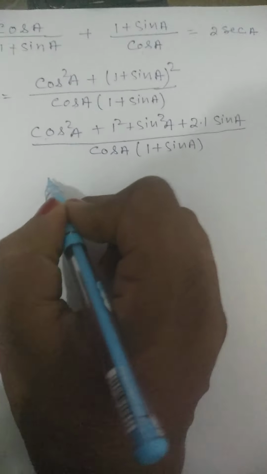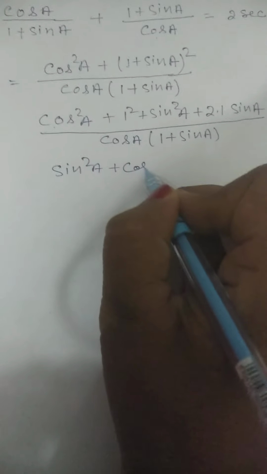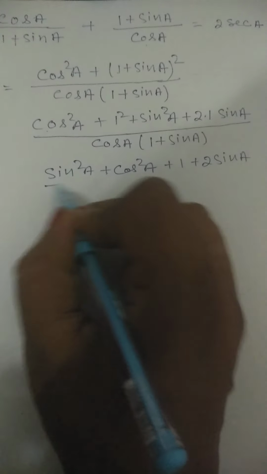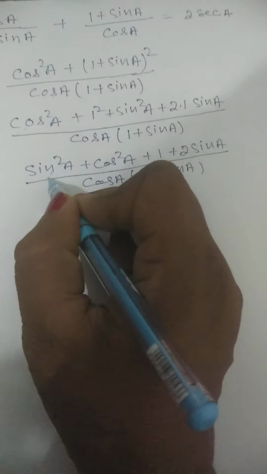Cos square A plus sin square A, just to separate, sin square A plus cos square A plus 1 plus 2 sin A upon cos A into 1 plus sin A. Sin square A plus cos square A is equal to 1.